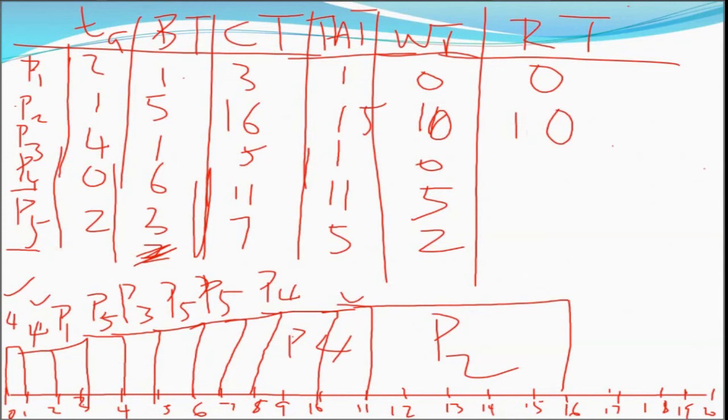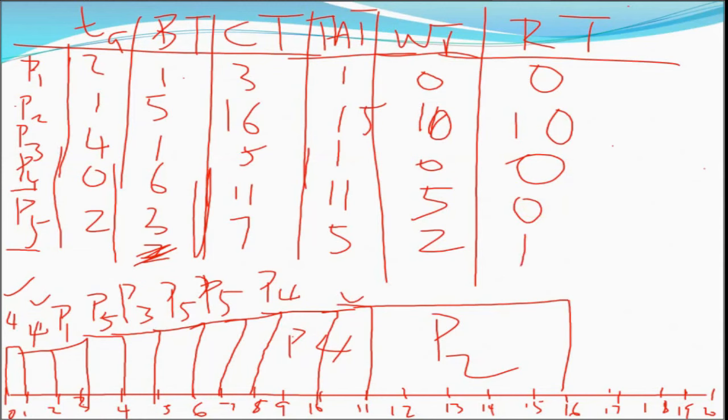The first time P3 was assigned is what? 4. 4 minus 4. The first time P4 was assigned is what? Yes. 0 minus 0. The first time P5 was assigned is 3. 3 minus 2 is 1.